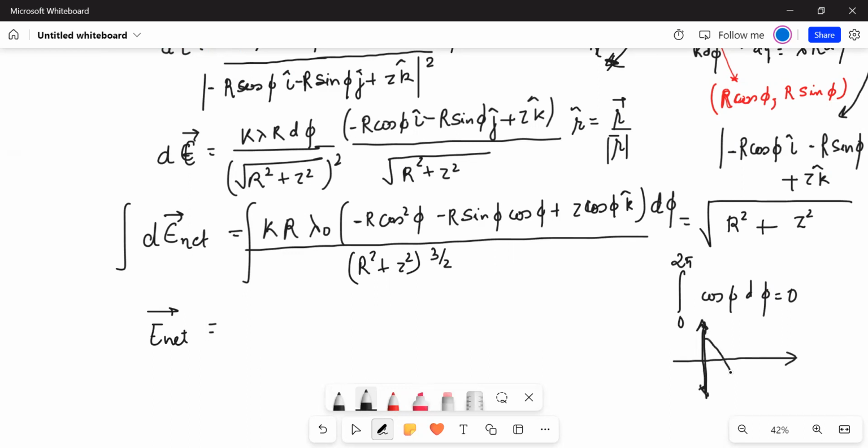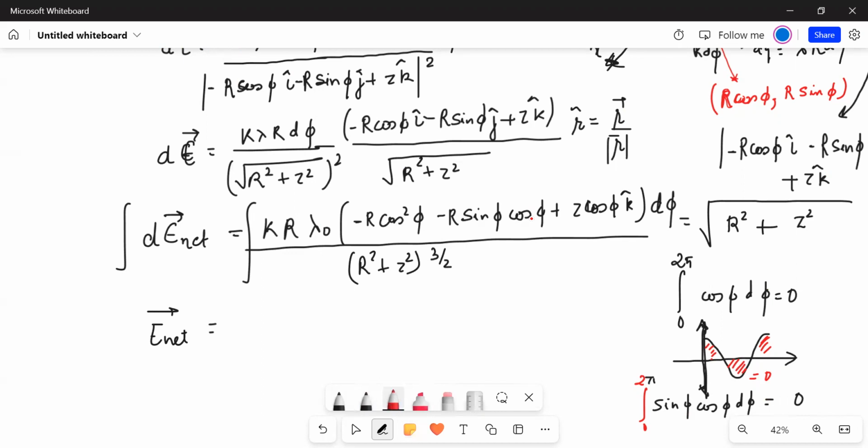So if you integrate cos φ, whatever area is above, in the same amount there is an area below, so the net area comes out to be 0. Similarly, if you integrate sin φ dφ from 0 to 2π, it will also come out as 0, and sin φ cos φ dφ will also come out as 0.